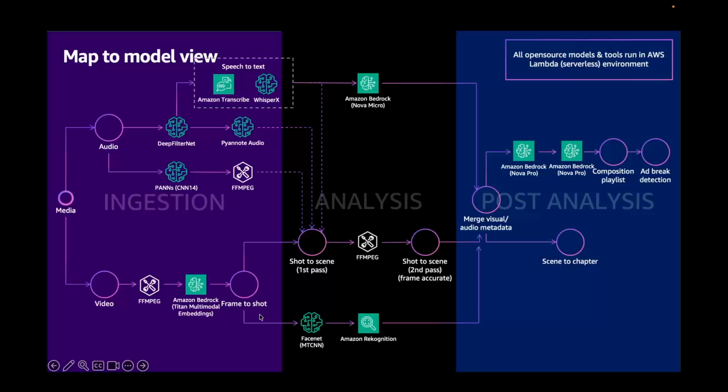While this is going on, all faces are extracted, the best ones are sampled, and that is sent off to Amazon Rekognition for celebrity recognition. All this metadata is then fed back together to do a deeper inference analysis that comes to much deeper structural conclusions around what is in the scene, who is in the scene, and what happens. This is then fed into the analysis that generates playlists as well as ad break detection and anything for highlights.